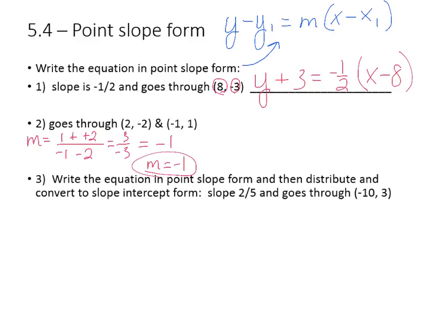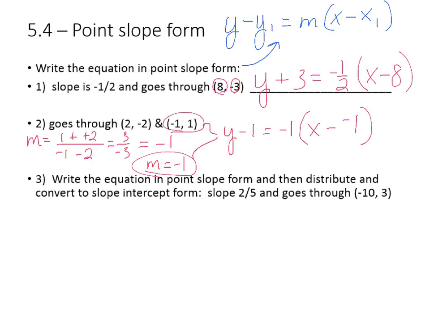And then you're going to pick one of your 2 points. I'm going to go with the 1s here. And let's go put this into point-slope form. So using this formula up here, I leave the first y there, and then I subtract my y value, which is a 1, equals m, my slope, negative 1, and then x minus the x value from my point, which is negative 1.